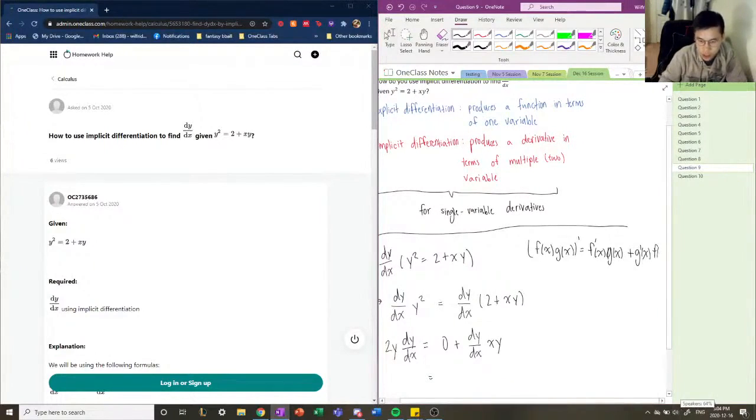So that's the product rule of differentiation. The derivative of x is 1, so we have 1 times y plus the derivative of g, which is y, which is dy over dx times x.